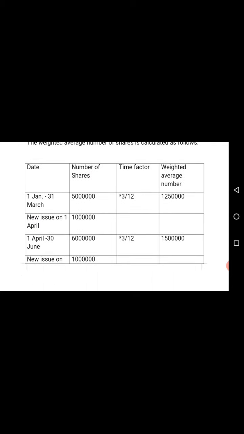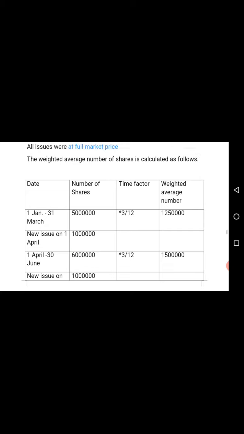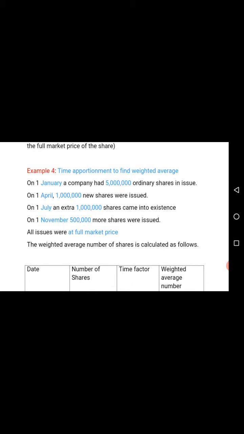So here we have question example 4, time apportionment to find weighted average, and the weighted average here means weighted average number of shares. On 1st January, a company had 5 million ordinary shares in issue.